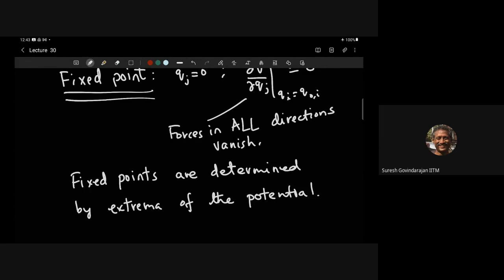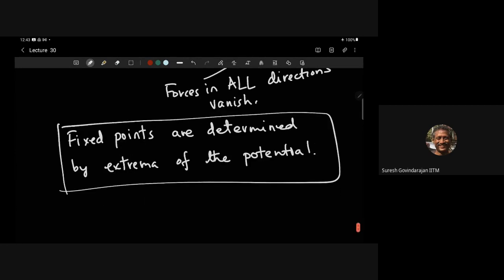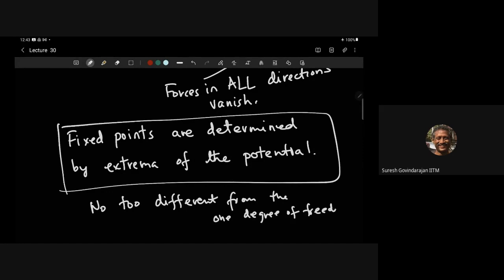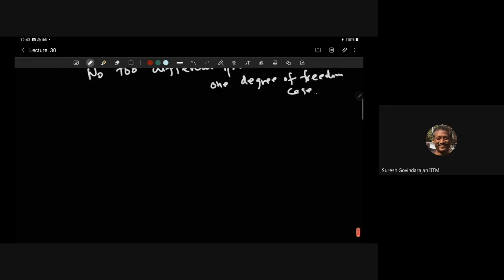It's not too different from the one degree of freedom case. But now we want to study stability.